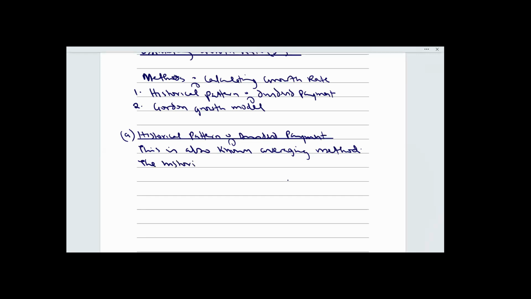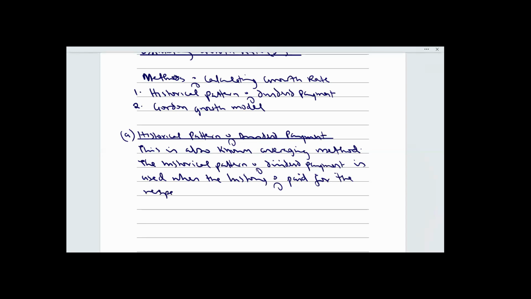The historical pattern of dividend payments is used when the history of dividend paid for the respective years is given.